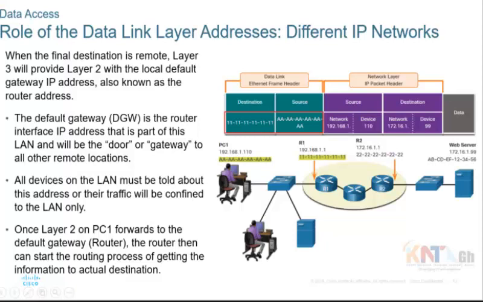All devices on the LAN must be told about this address, or their traffic will be confined to the LAN only. Once layer 2 on PC1 forwards to the default gateway, the router can then start the routing process of getting information to the actual destination.